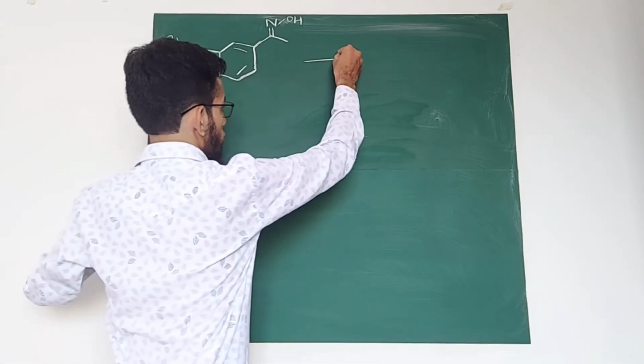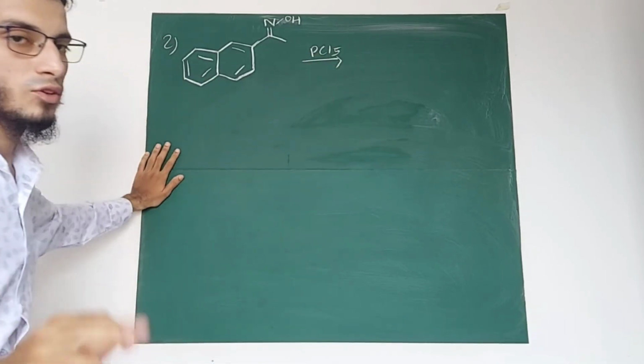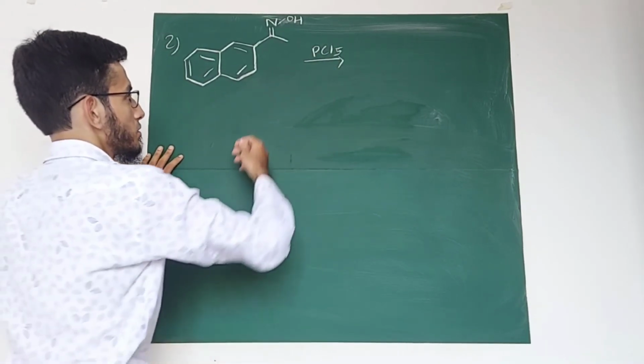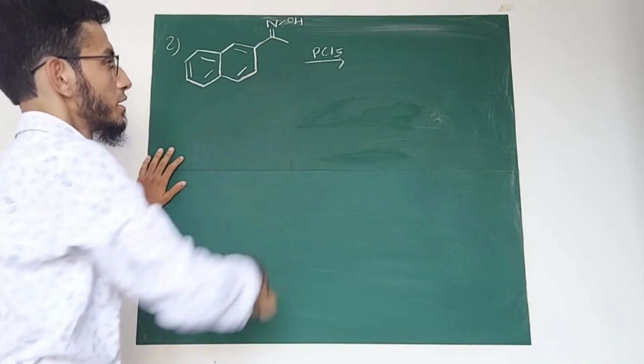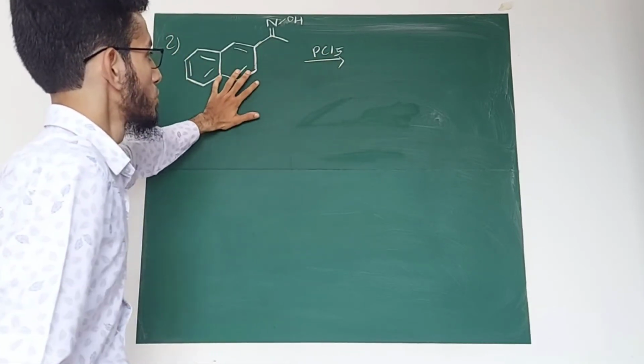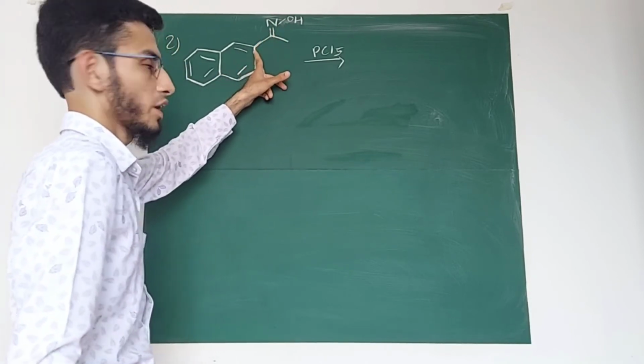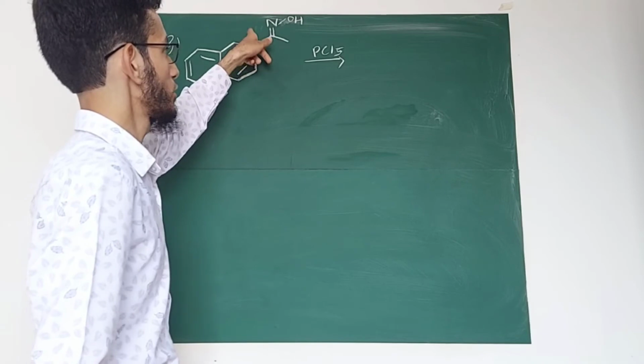If you use PCl5 or anything, I am giving a short trick. Which group will migrate here? The OH group will leave. This group is anti to it, so this group will migrate to the nitrogen.